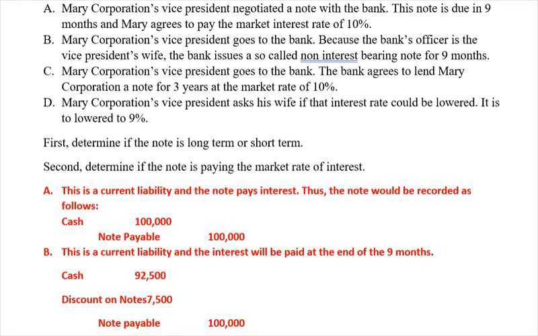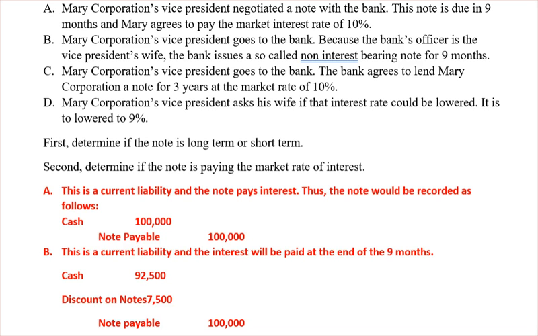The calculation for that is going to be, now this is a little tricky here, 9/12. So you need to take 9/12 times, we're going to assume it's 10%, 9/12 times 10% times the 100,000. And that is how they come up with the 7,500.